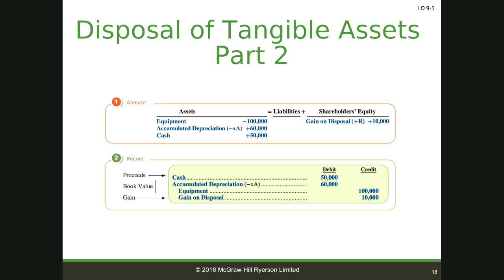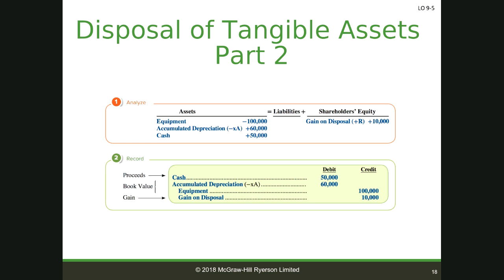We credit equipment in order to eliminate the cost of the original equipment. We have to debit our accumulated depreciation, $60,000, because if the asset is gone, we also have to remove the accumulated depreciation account. Then we debit cash, because we actually received cash of $50,000.